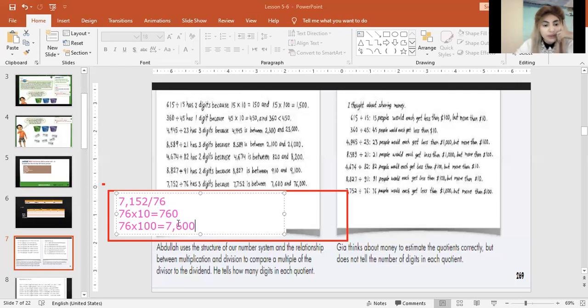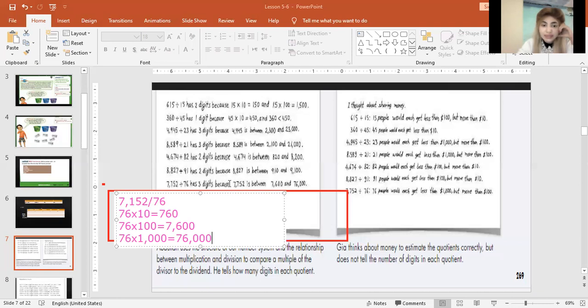So 76 multiplied by 10 is 760, and 76 multiplied by 100 is 7,600. So let's complete. If I put 76 multiplied by 1,000, what will I get? I will get 76,000. It's so big, bigger than this number. No, I don't need it.